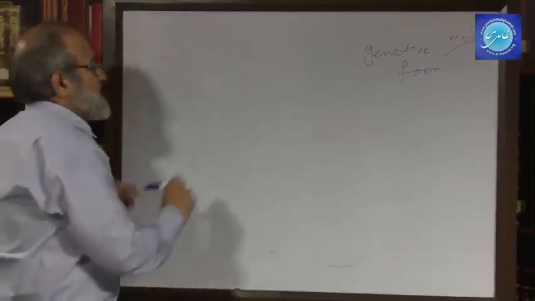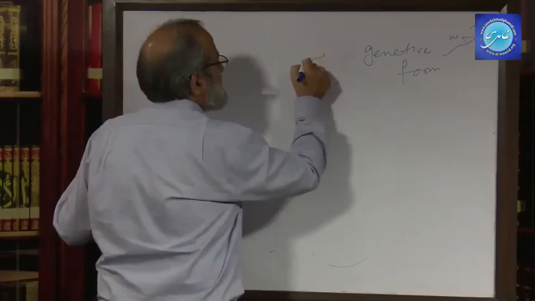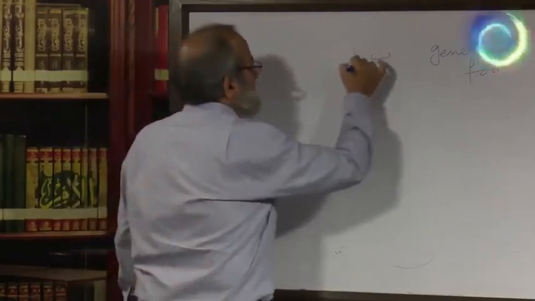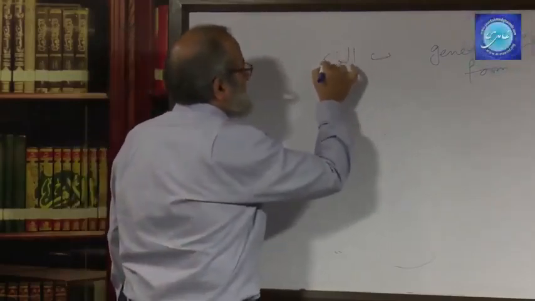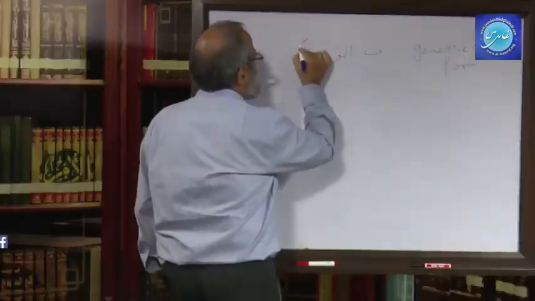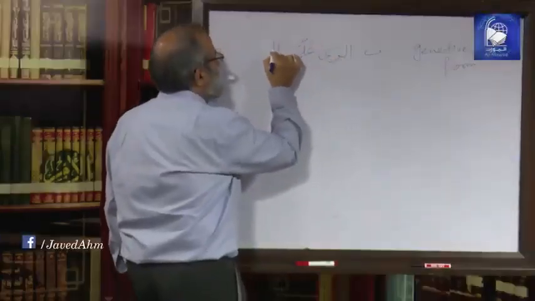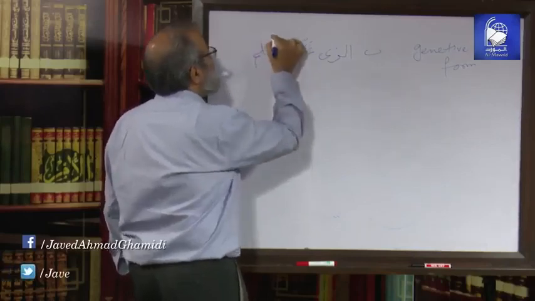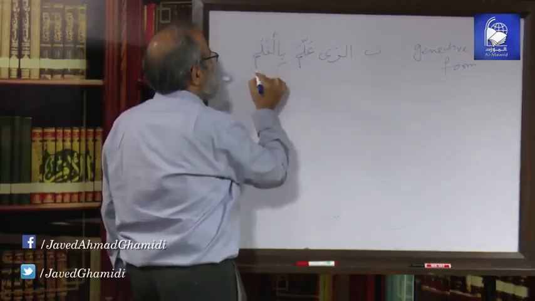Let's take the first one, ba, which means with. For example, we have in the Quran, allazi, the one who, allama, taught, bil qalam, he taught with the pen.